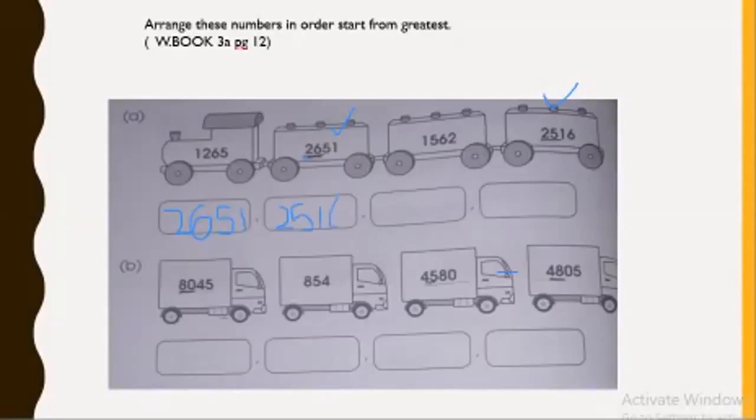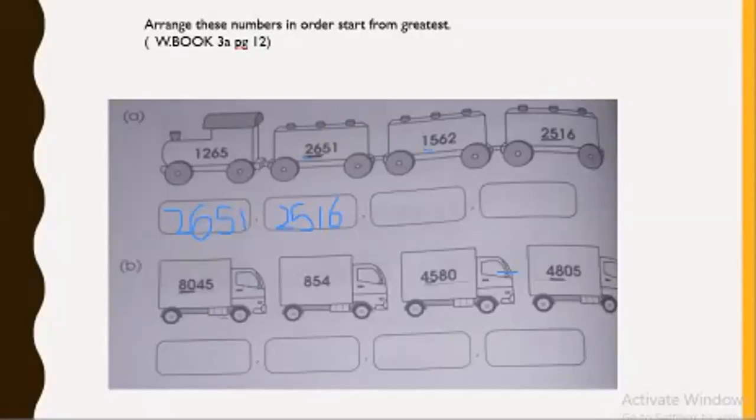2,516. Okay. Now, before writing anything, you need to compare the rest of the two values. That is this one, 1,265, and that is 1,562. So which is the greatest value?